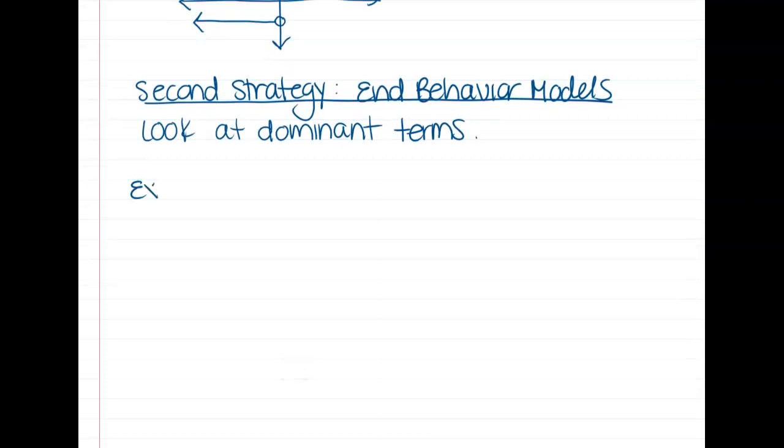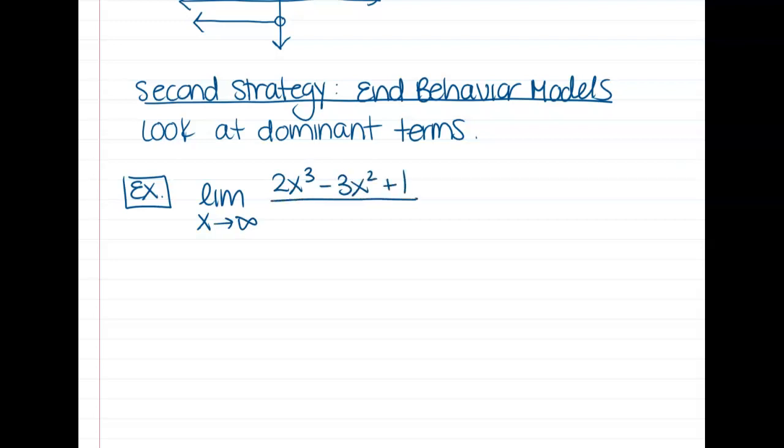For example, the limit as x approaches infinity of 2x cubed minus 3x squared plus 1 over x plus 3.